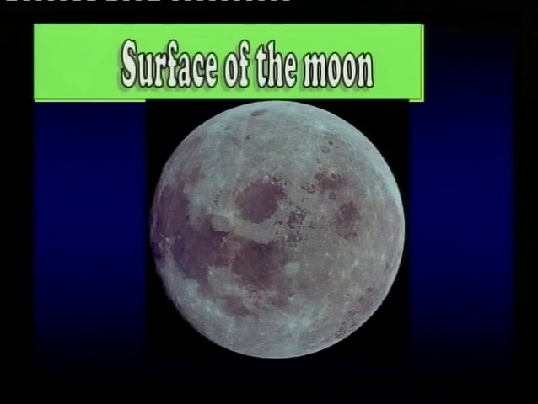And let's look closely at its surface. Have a look at the picture of the moon, and see. Have you listed some of those things that you see on the moon at night?